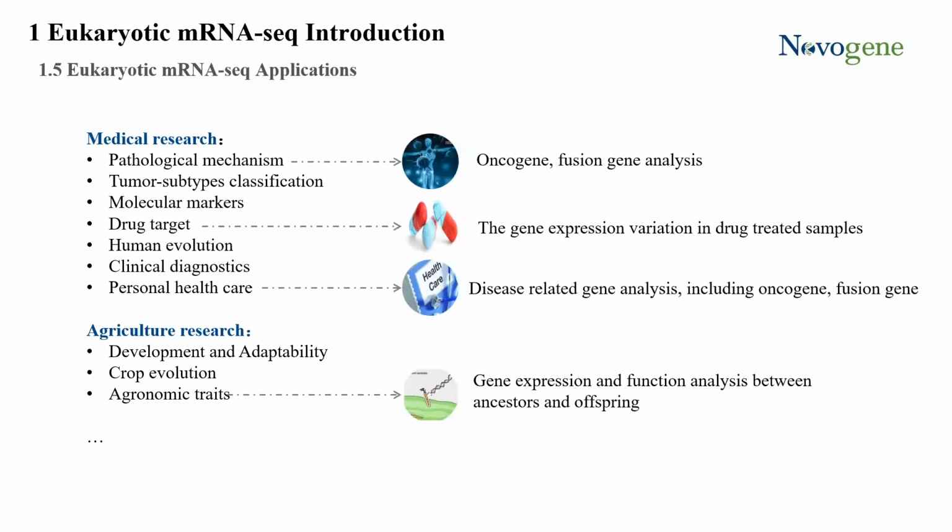Just as an example, in a little bit more depth, we can mention, for example, in oncology, the study of fusion genes and analysis in pathological mechanisms, gene expression variation in drug-treated samples, and lastly, disease-related gene analysis in personal health. All, of course, these are just examples, so the list keeps going.